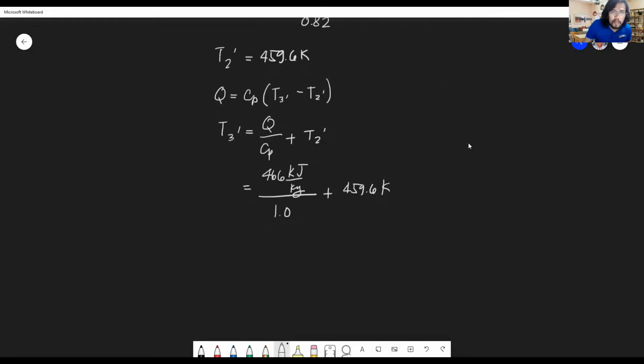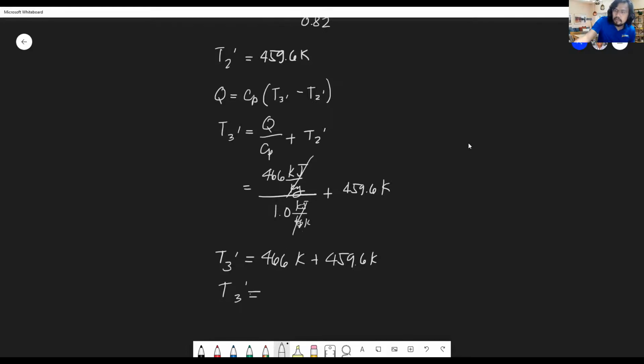Since this is 1.0, and the CP is actually kilojoule per kilogram Kelvin, this cancels out. So the T3 prime is simply 466 Kelvin plus 459.6 Kelvin.